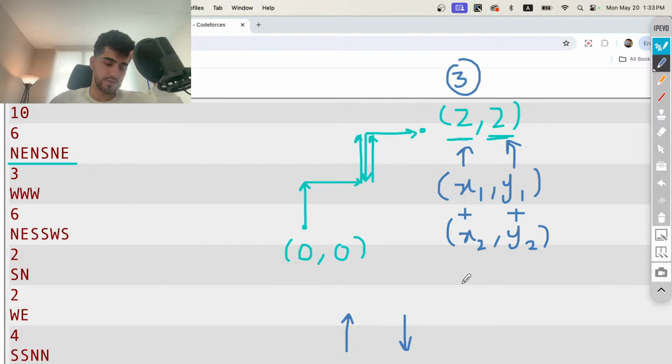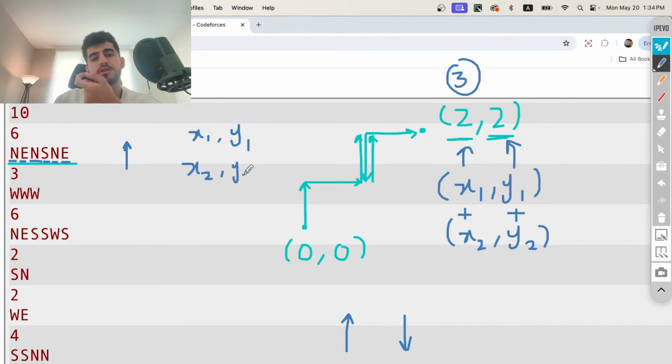Okay, sure. I'm just saying that each of these moves is for one of the robots. We have two robots. When we have a north movement, either we assign it to the first robot or we assign it to the second robot, so we assign it to exactly one robot.